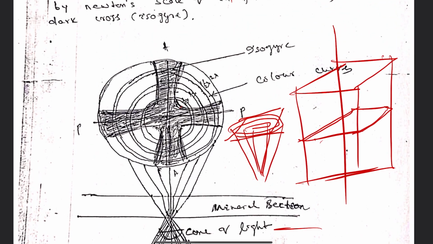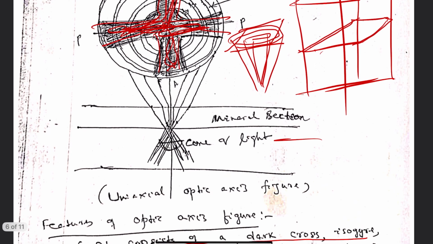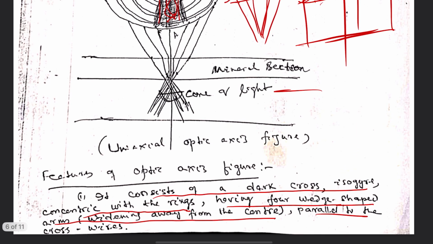So we have the arms widening from the center outwards. These are the 4 arms that together make the isogyre.